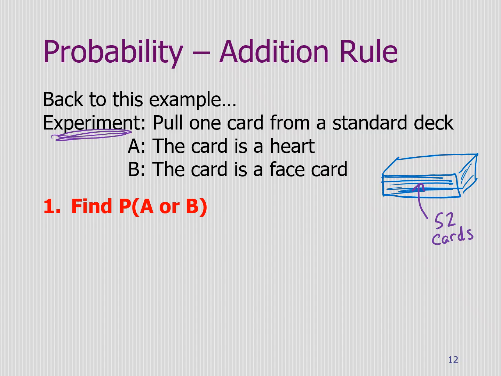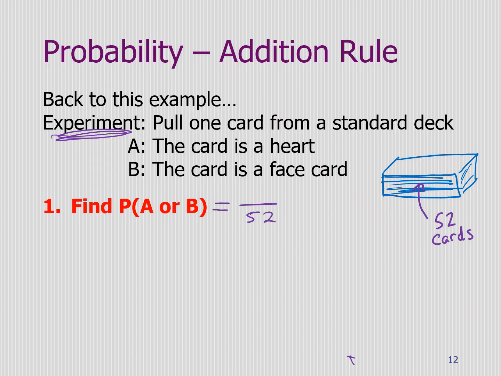The definition of probability: you count the number of ways your event could happen divided by the size of the sample space, or the total number of ways your experiment could play out. So it should be something divided by 52.